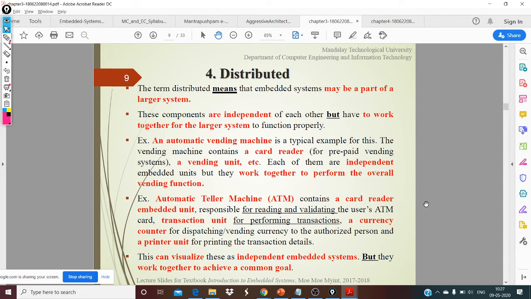In distributed systems, for example in IoT, a lot of things are involved based on the user's purpose. If he wants to open the curtains using IoT, using one switch, a lot of things have to be connected so that the whole purpose of the user can be implemented. Very good. Nice. Very nice.